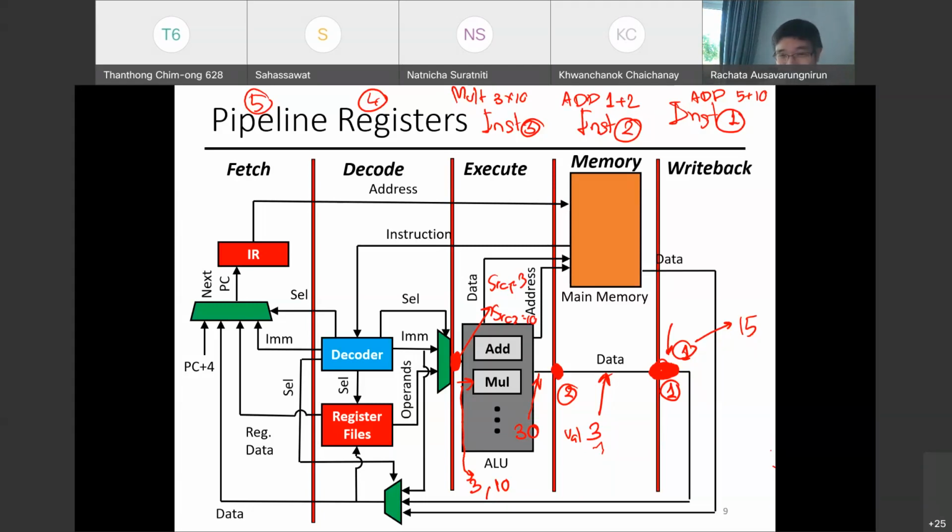Okay, let me refresh. Is this still confusing? Or can I go? The mux is in the decode part because we just need to store the result of my decoding. I just want to figure out what is the input to the ALU, so the mux will be before that.